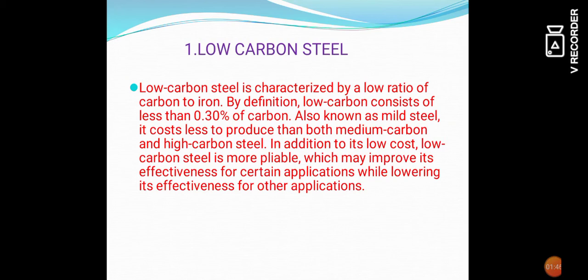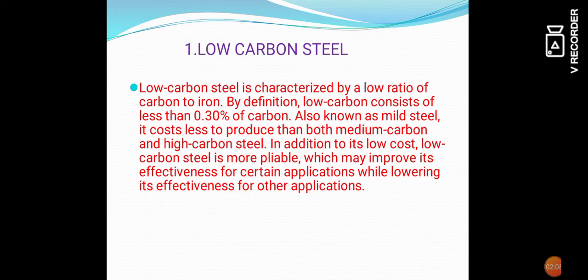Now let us see what is low carbon steel. Low carbon steel is characterized by a low ratio of carbon to iron. By definition, low carbon steel consists of less than 0.3% of carbon, also known as mild steel.